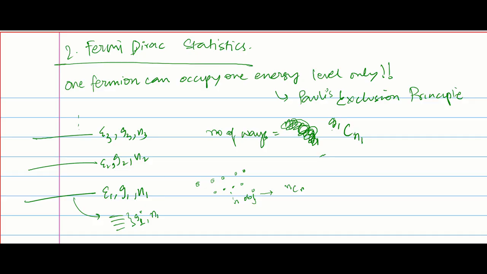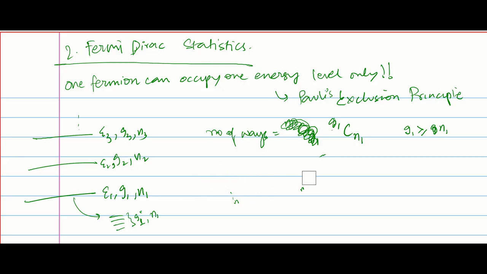So G1 C N1, and the condition is G1 should always be greater than or equal to N1, because if there are fewer levels than particles, it cannot be distributed. Not all of the particles will be able to distribute in those levels, because at one time there should be only one particle at each level, right?